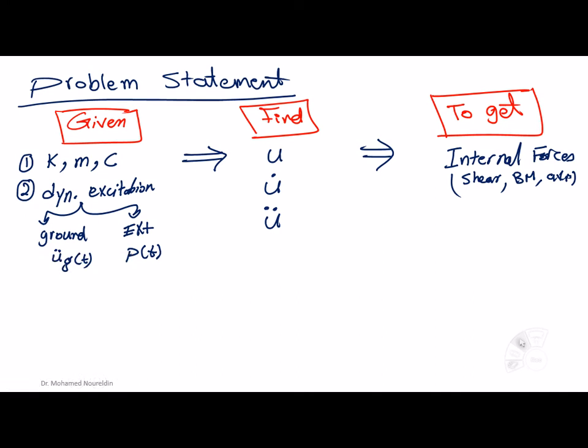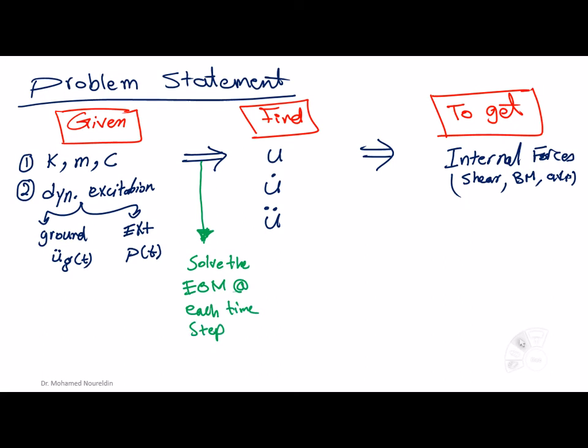Now, what are the tools we are going to use to get from the given stage to the find stage, to the get stage? From given to find, we need to solve the equation of motion at each time step.